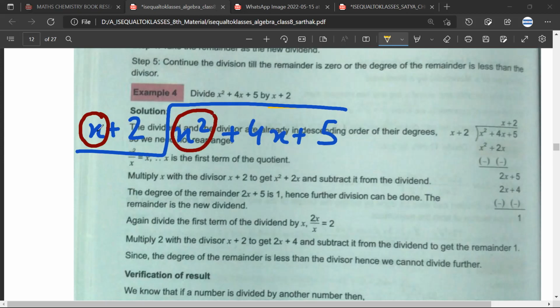If I multiply this x by x, let me use a bigger font. This x by x, you will get x square, and this x has to be multiplied by 2, so that you get 2x. Sarthak, have you understood?